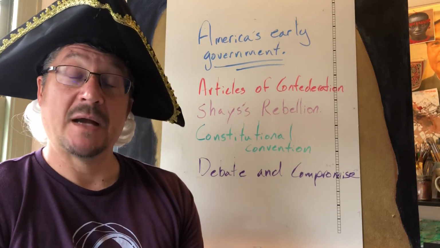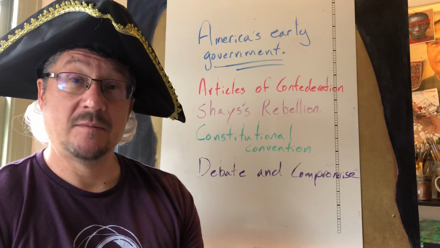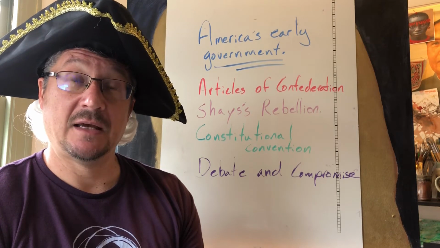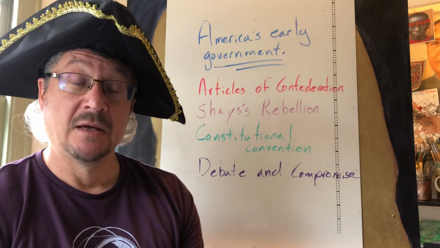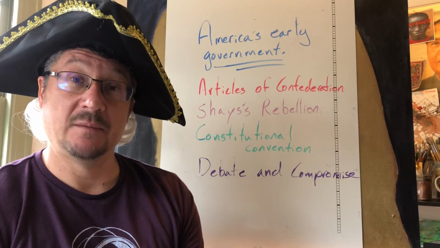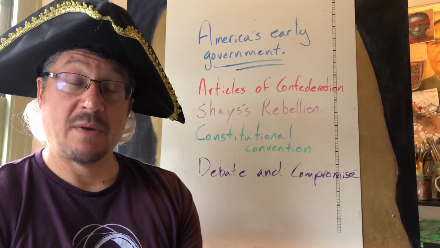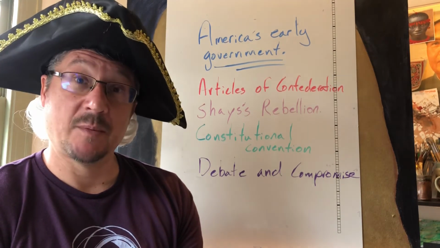Now, the other compromise was about slavery. Some people argued at the time that slavery was outdated and immoral and should be ended. Some people argued that they needed slavery for their economy and that it was the natural order of things. These arguments went back and forth and they had a compromise.